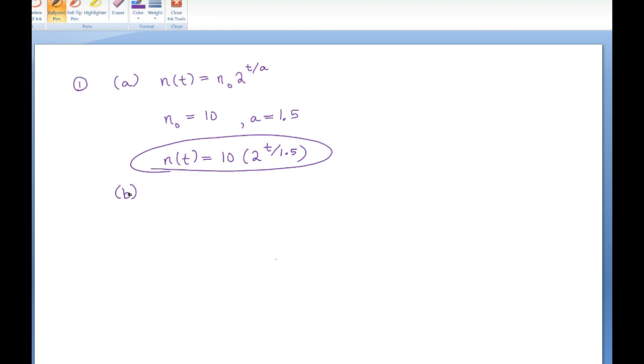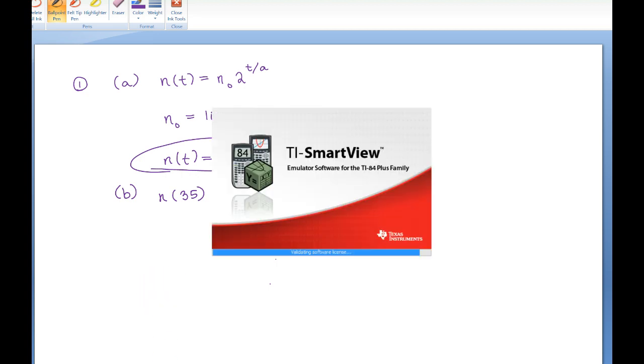Estimate the number of bacteria after 35 hours. So we're going to plug in 35. So we have 10, and we have 2 to the 35 over 1.5. So I'm going to plug this all into the calculator.